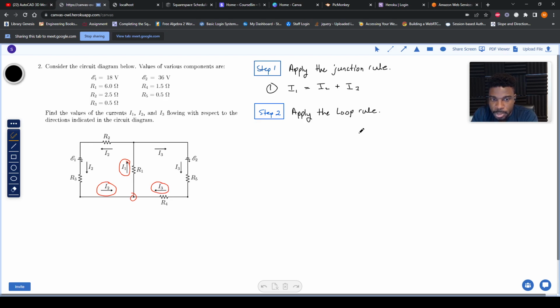To give you a hint, you see how the junction rule has to do with current flowing into a junction? The loop rule deals with voltages. Exactly.